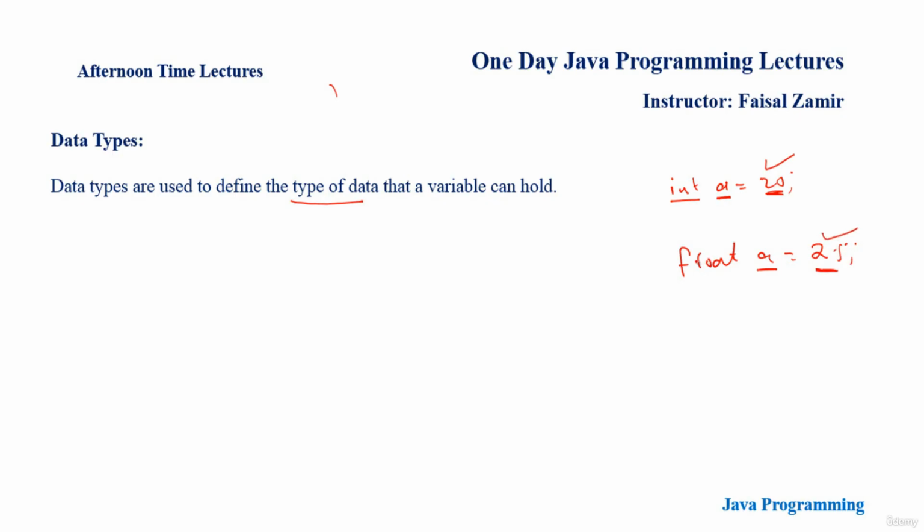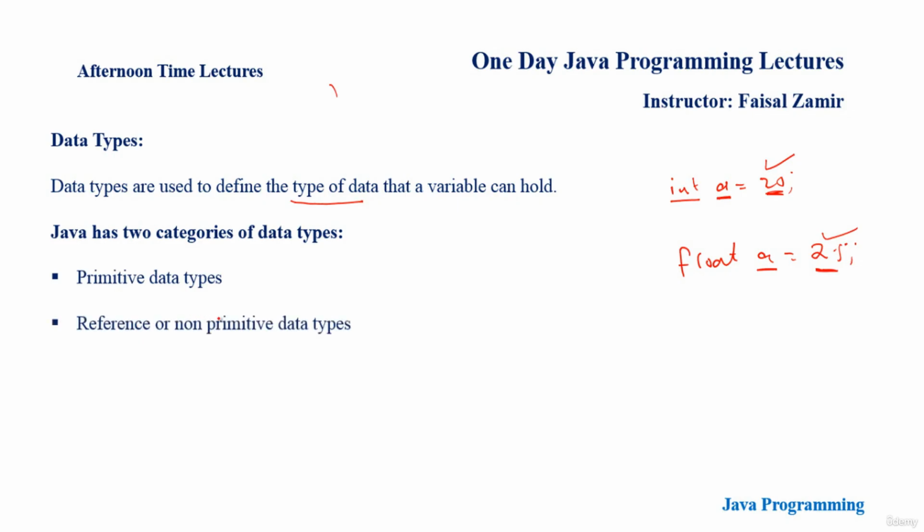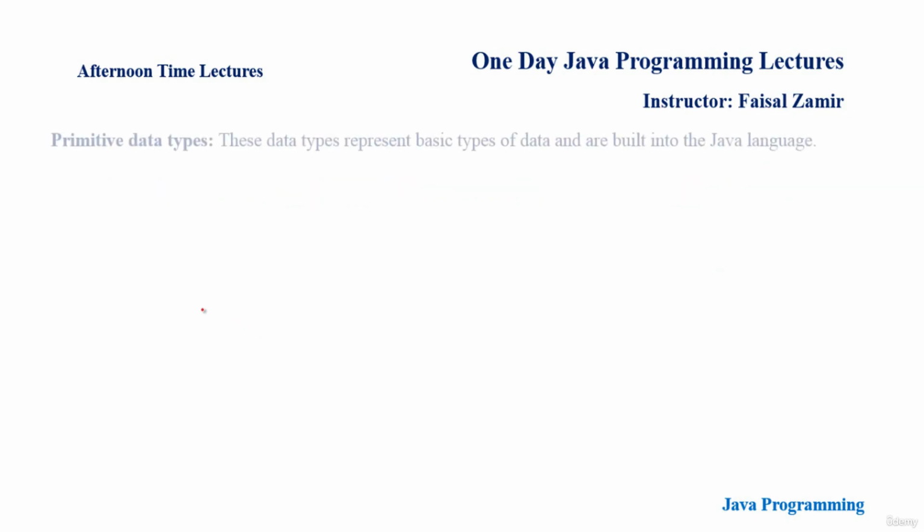There are different types of data we can use in Java. There are two categories of data types in Java. One is primitive data types, another is reference or non-primitive data types. First of all, primitive data types. These data types represent basic types of data that are built into the Java language.